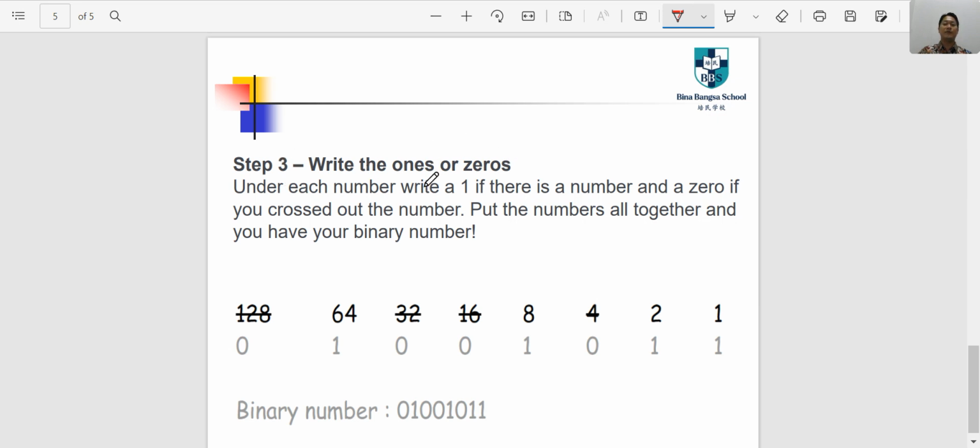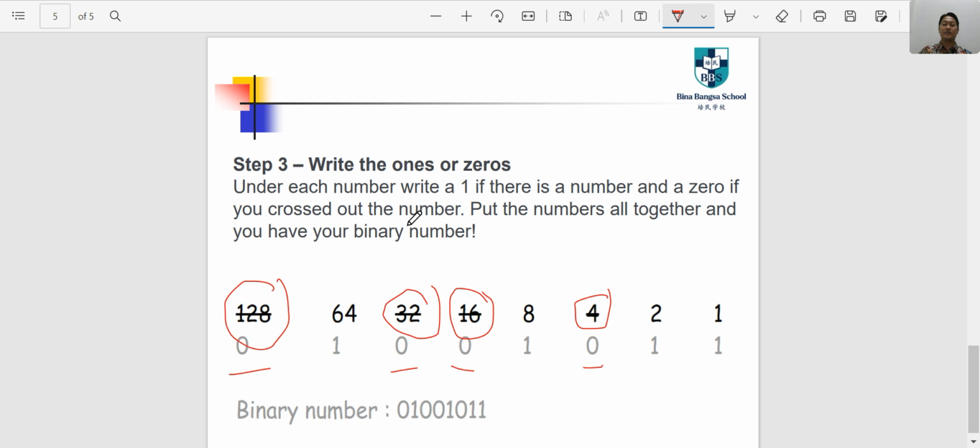Under each number, write 1 if there is a number, and 0 if you cross out the number. Meaning to say, those numbers that were crossed out here, 32, 16, and 4, of course you did not use. It is crossed out. It is null. That is equivalent to 0. That's why it's considered as weighted method.